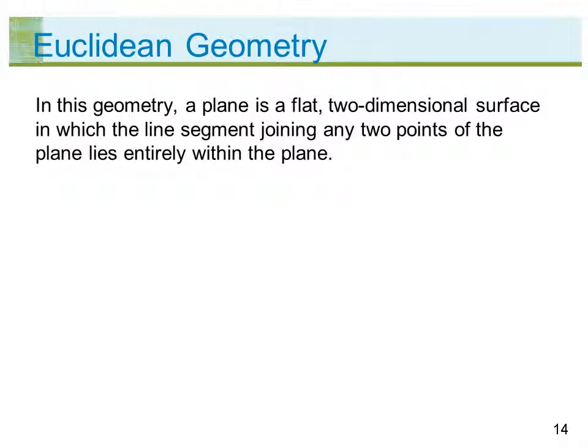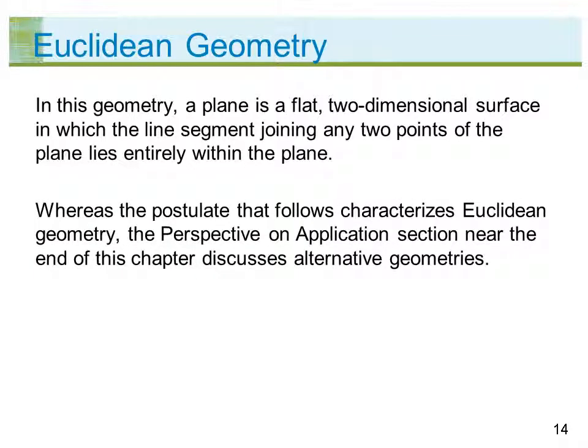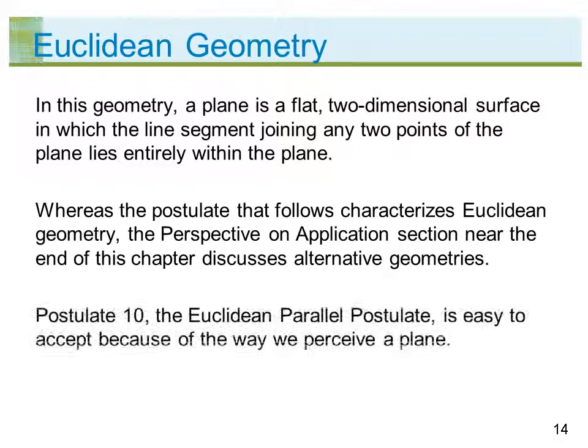In this geometry, a plane is a flat, two-dimensional surface in which the line segment joining any 2 points of the plane lies entirely within the plane. Whereas the postulate that follows characterizes Euclidean geometry, the perspective on application section near the end of this chapter discusses alternative geometries. Postulate 10, the Euclidean parallel postulate, is easy to accept because of the way we perceive a plane.